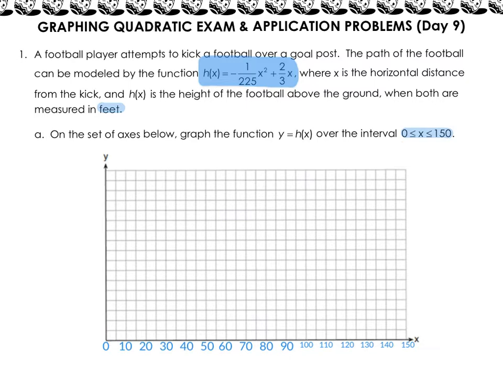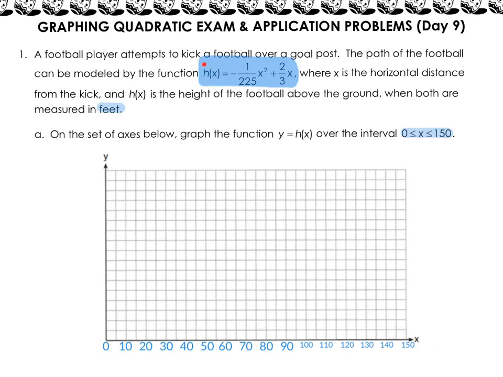Now, the thing is, I don't have my y values. I don't know what they are, but I have a function, and I know the x values that I care about because they gave it to me in this domain right here. So that means that I need to put this function in y equals and go to the table of values. So first, let's do that.